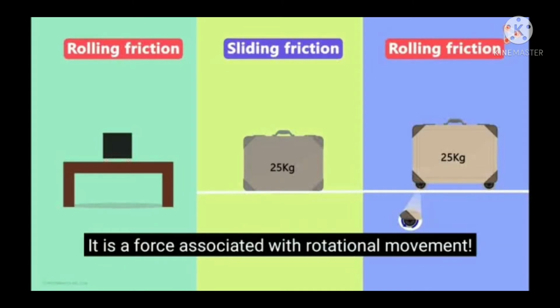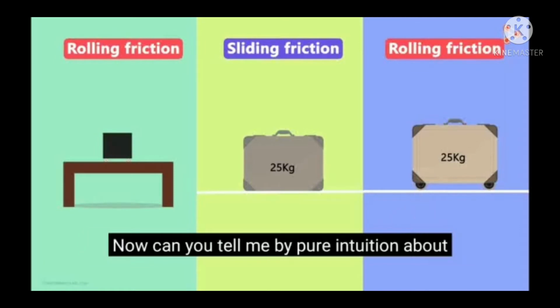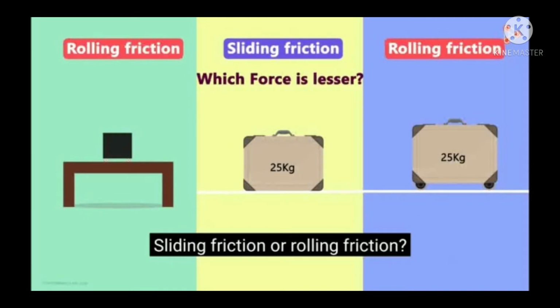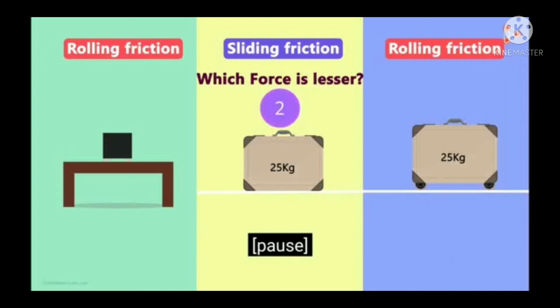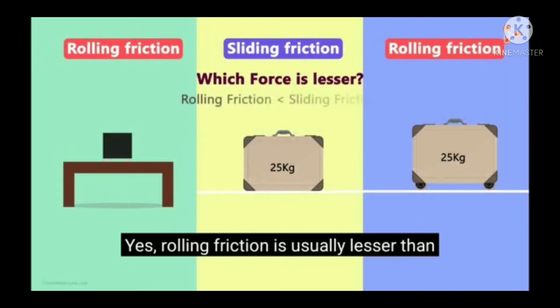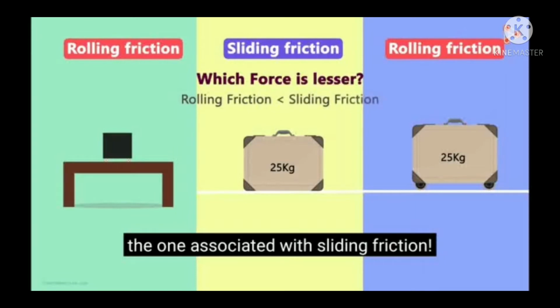It is a force associated with rotational movement. Now can you tell me by pure intuition which force will be lesser? Sliding friction or rolling friction? Yes, rolling friction is usually lesser than the one associated with sliding friction.